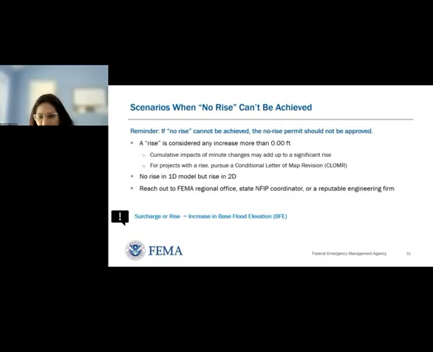Please reach out to a FEMA regional office, state NFIP coordinator, or a reputable engineering firm if you need support with a CLOMR, especially when you see a rise and need to provide additional guidance to the stakeholder or developer. So these are the additional resources, and keep in mind that a rise is possible, not like 1D, so a CLOMR is required in those cases.